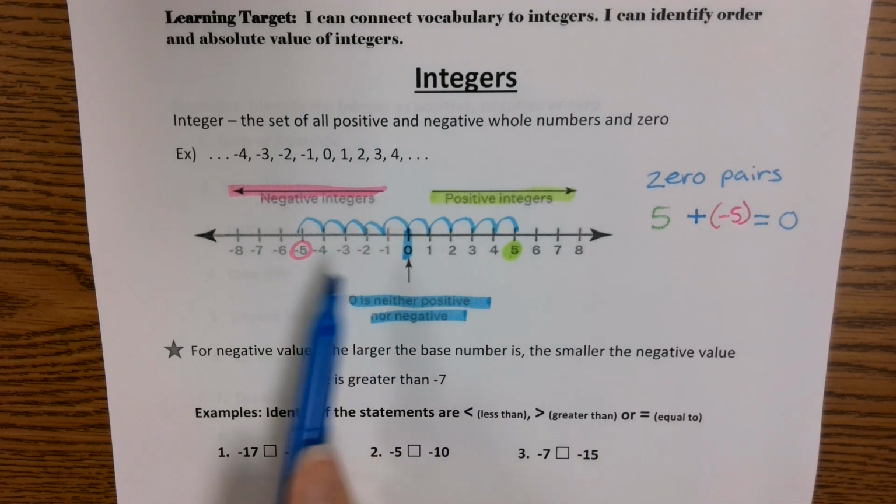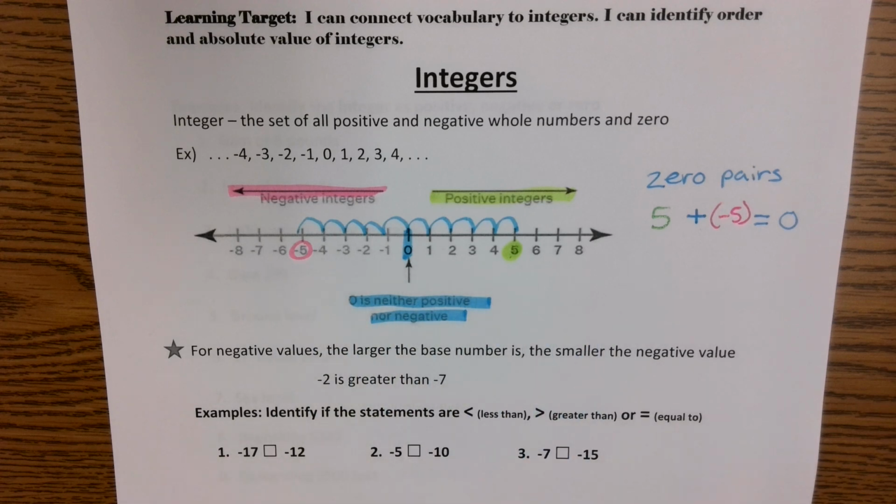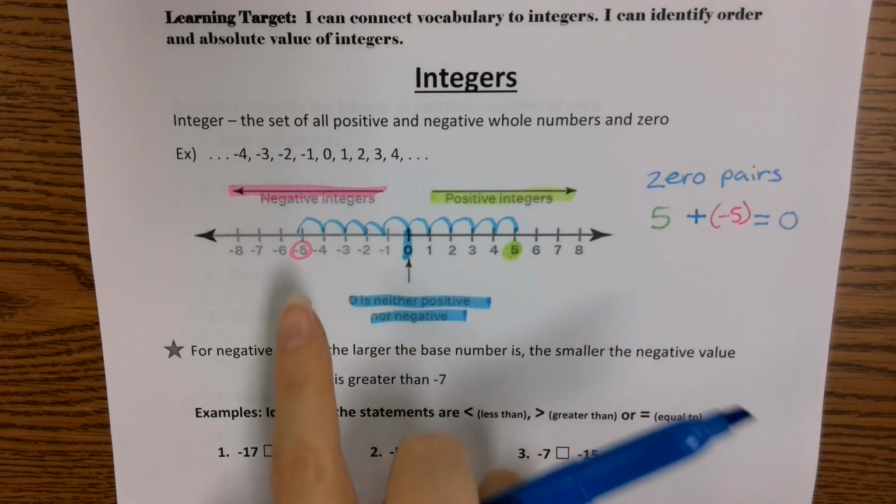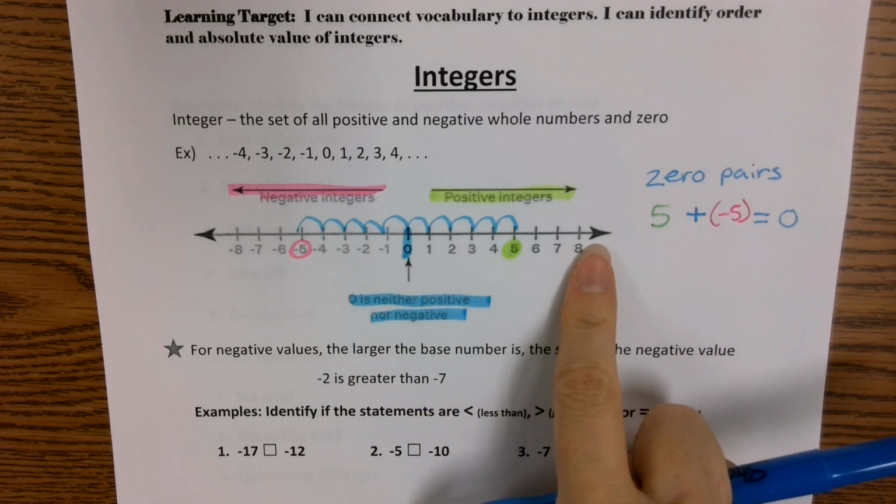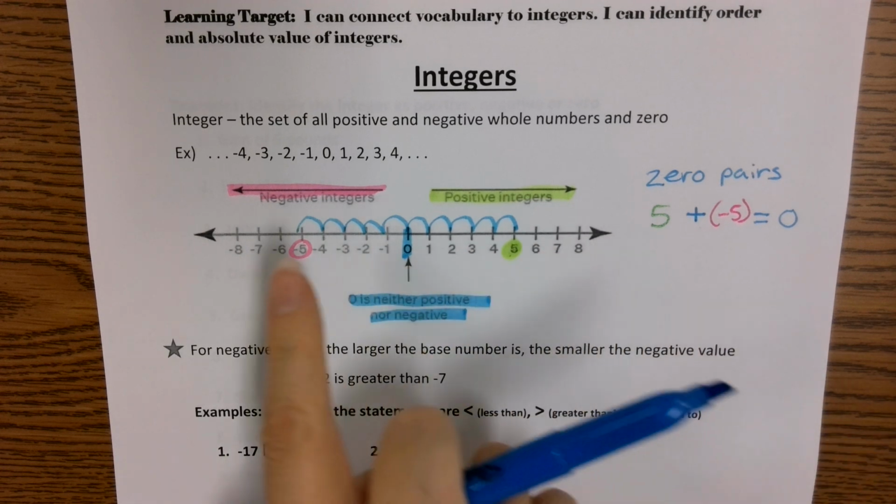Give me another example of two numbers up here on this number line that could be a 0 pair. Give me two numbers up here that could be considered a 0 pair. 3 and negative 3. Good. 3 and negative 3 would also be 0 pairs. 8 and negative 8.